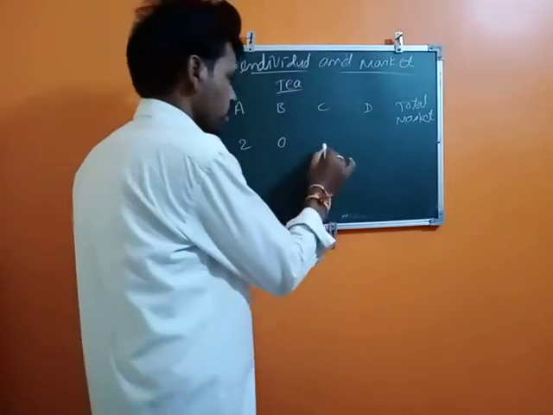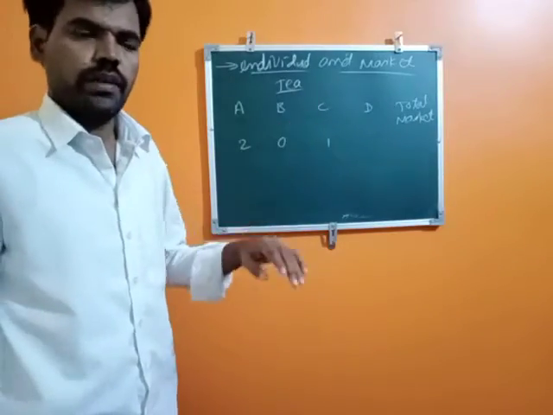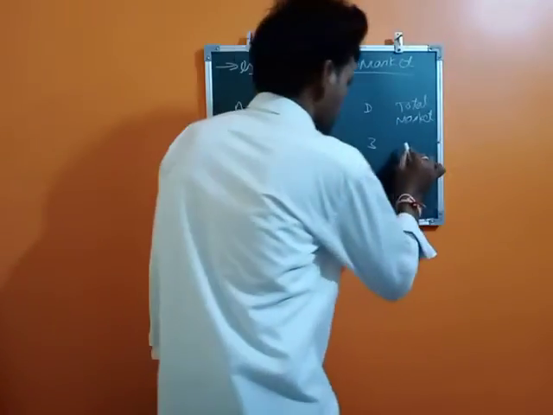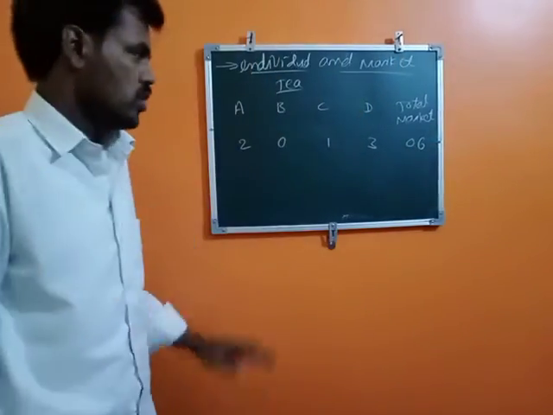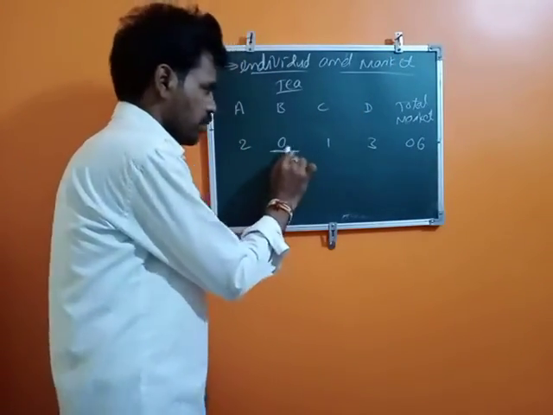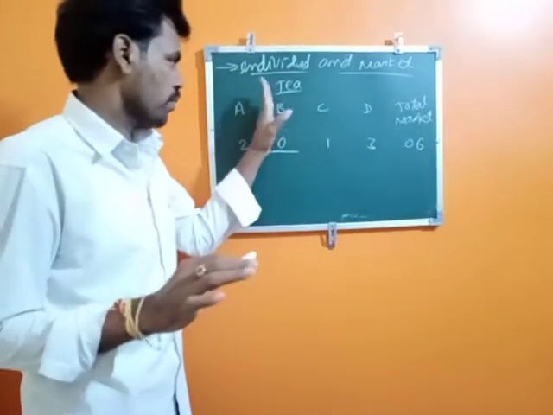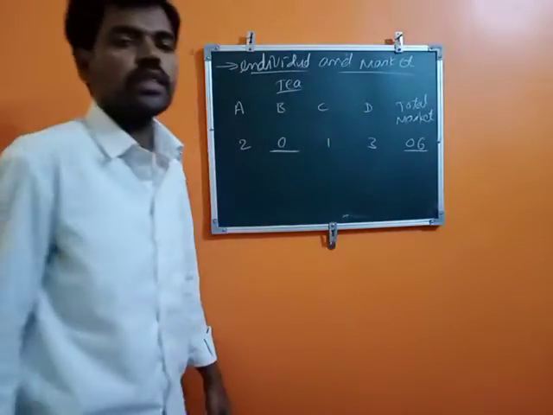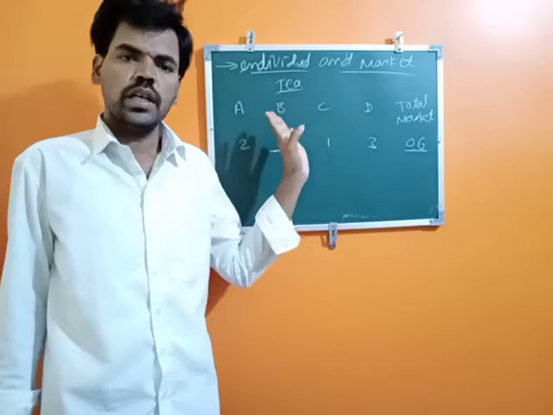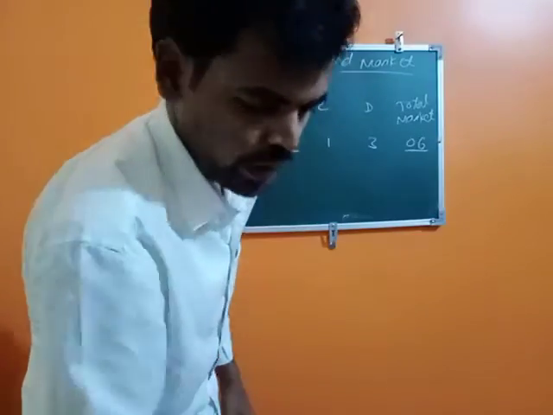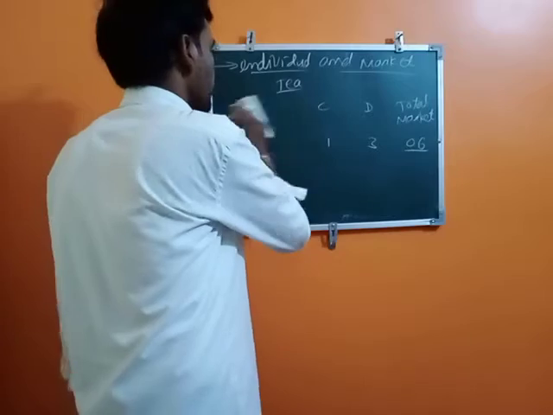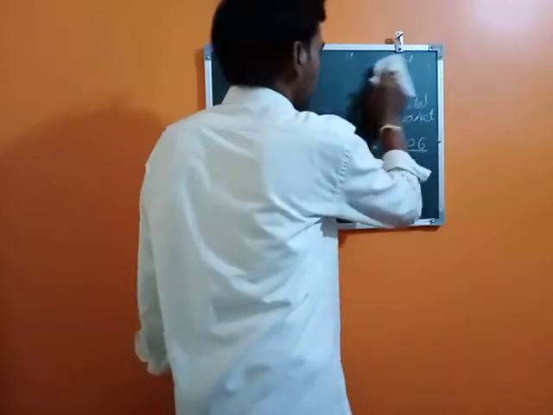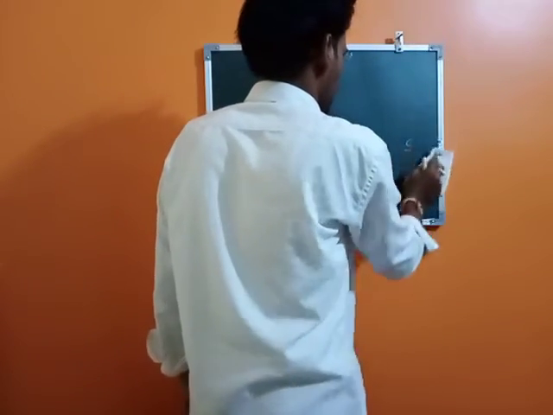C can purchase 1 unit of tea, and D can purchase 3 units, and the total is 6. So there is no demand from B, there is no individual demand, but there will be a market demand. Individual demand means demand from one person, and market demand means demand for a group of persons. So this is the first one.